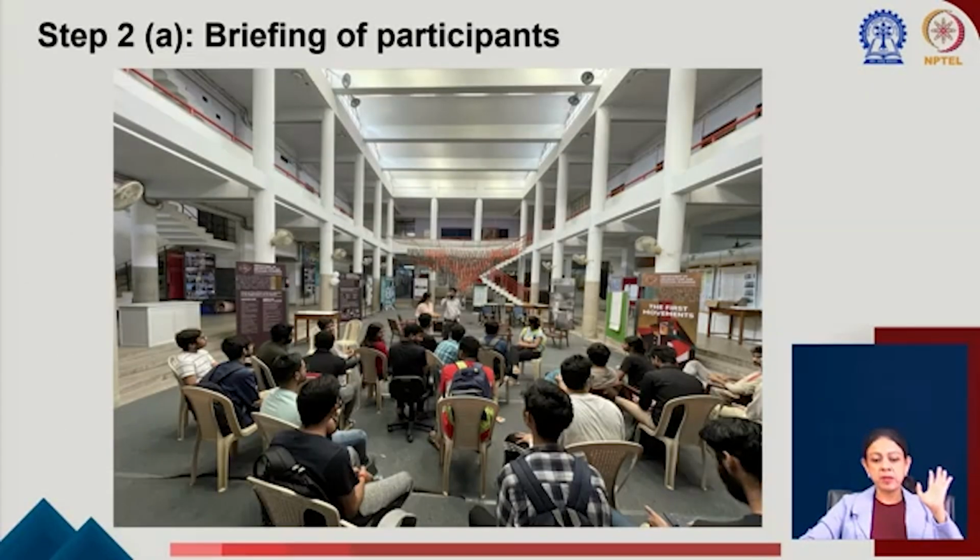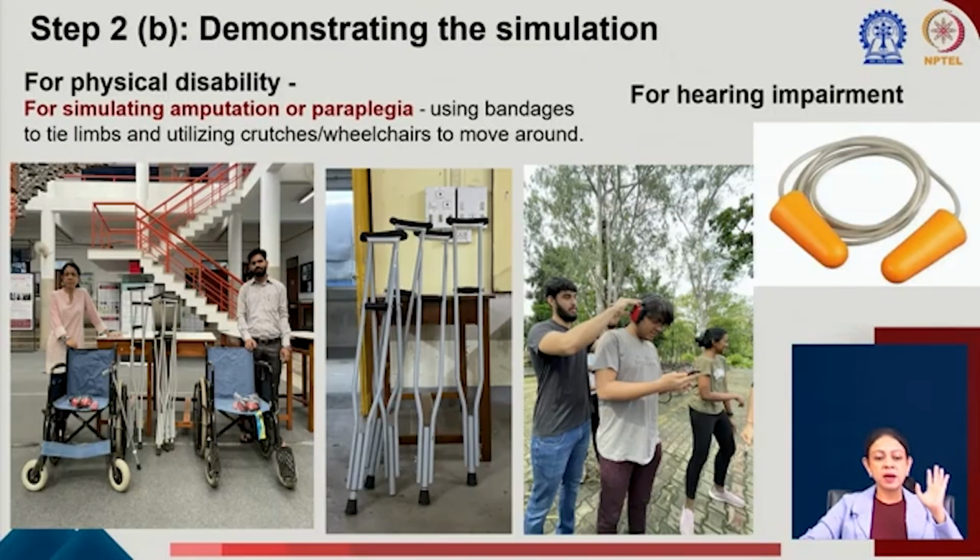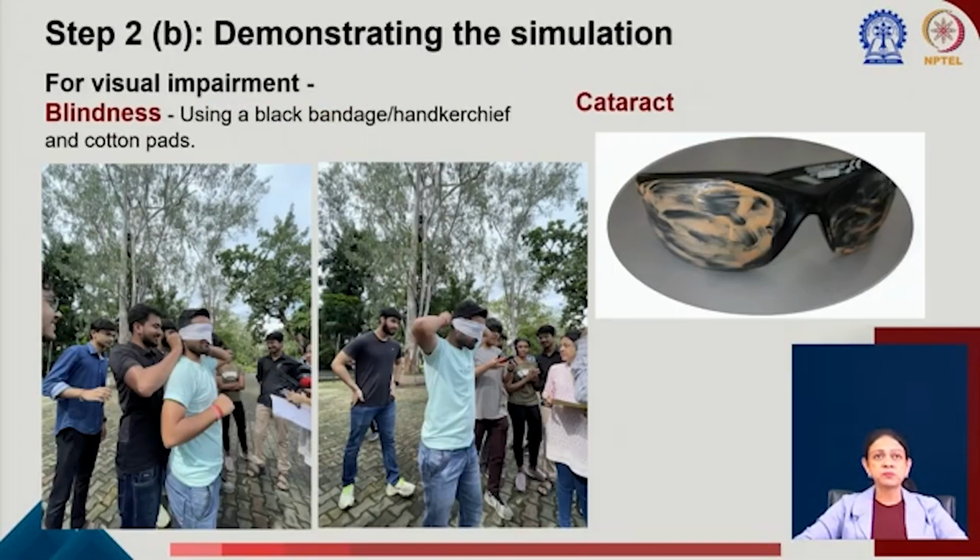Make them understand properly. Then explain the props, that you have a wheelchair, you have these crutches. You can use these earphones for simulating the sensory disability. You can also have these industrial earbuds where the sound gets totally cut off. You can have visual impairment.